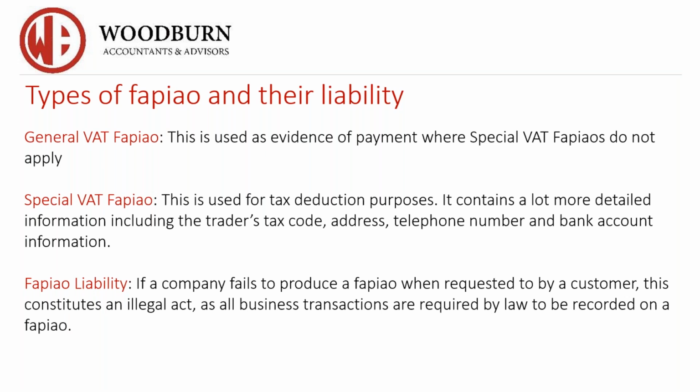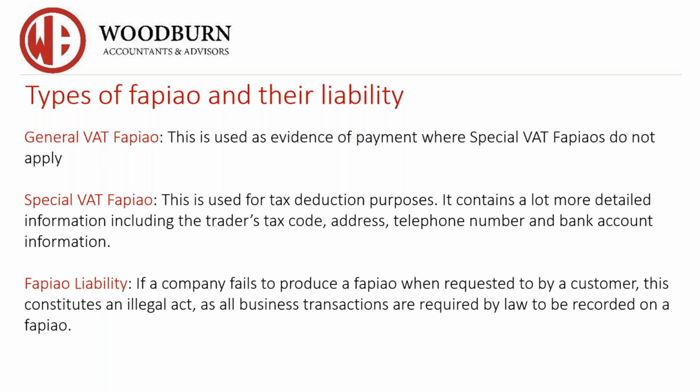If you are doing a domestic transaction, any type of domestic business, purchasing or selling, you need to be able to either receive a Fapiao or issue a Fapiao to make that transaction true and valid. There are two major categories of Fapiaos. You've got the general VAT Fapiao and the special VAT Fapiao.